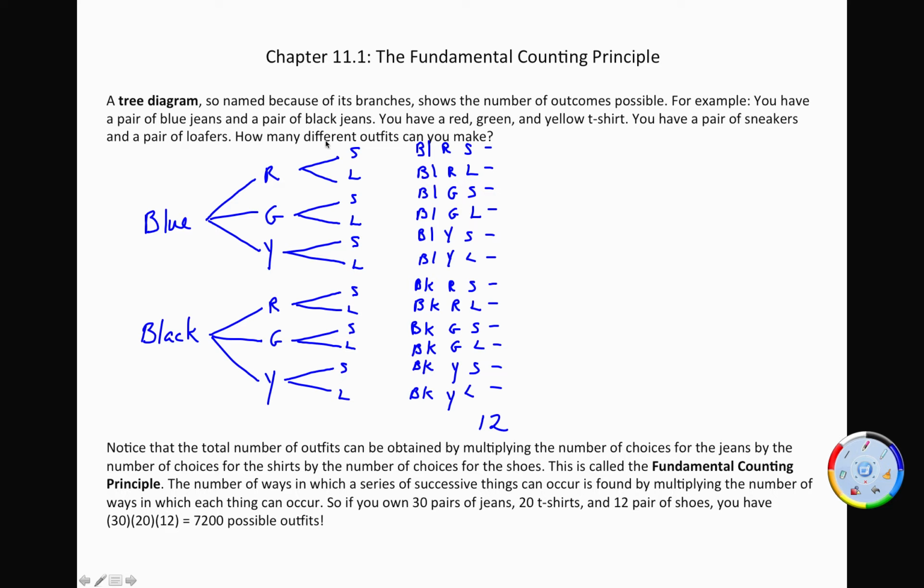One for appetizers, of which I have 8 to choose from, and one for main courses, of which there are 10. And when I'm counting things, the fundamental counting principle of how many ways something can occur is always multiply. Okay, so 8 times 10, you have 80 options for a meal.